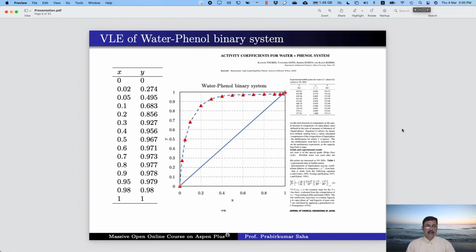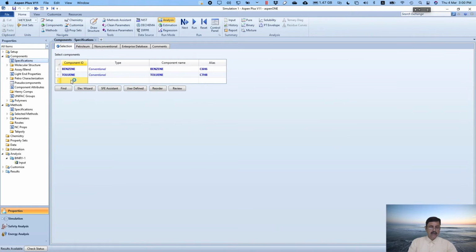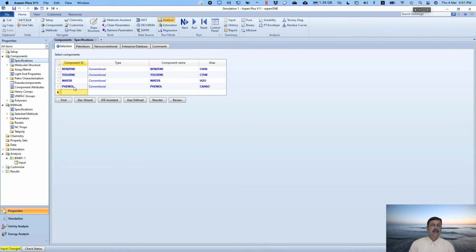For that, let us go back to component, water and phenol. So write water and phenol. Now the model is there, run. Okay.